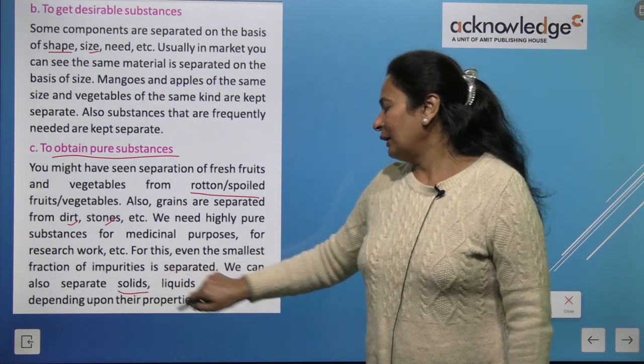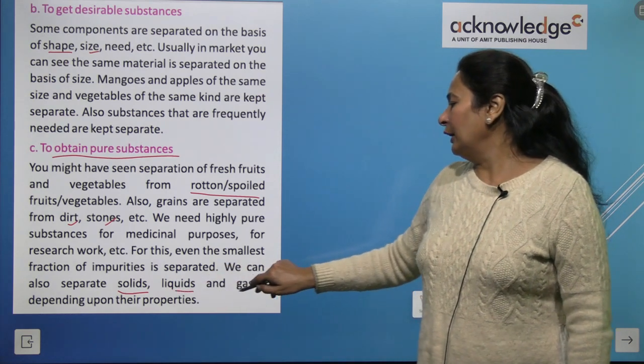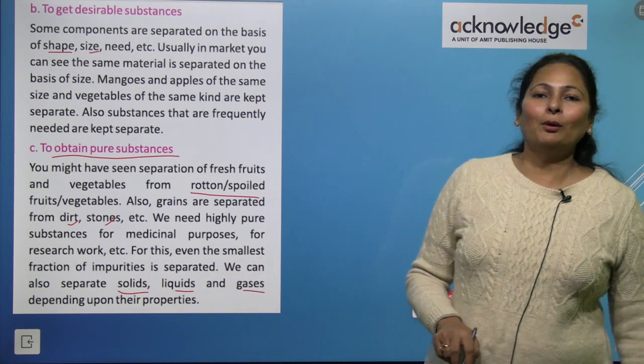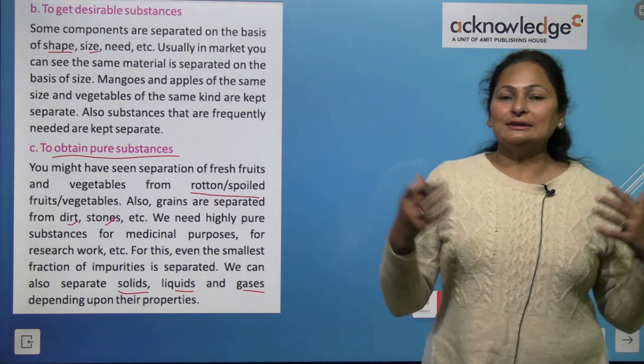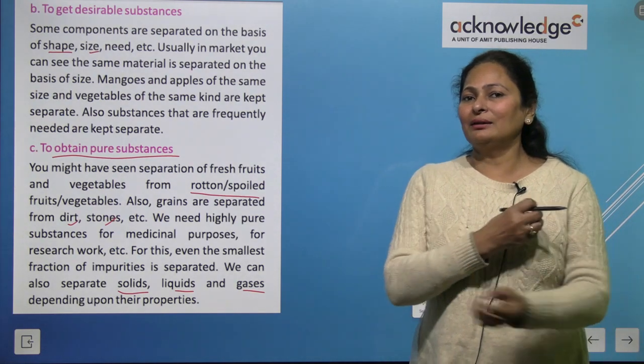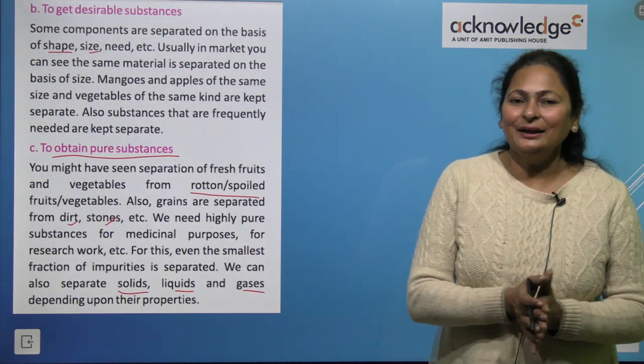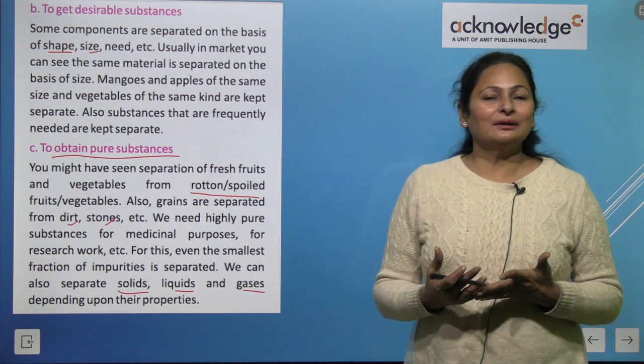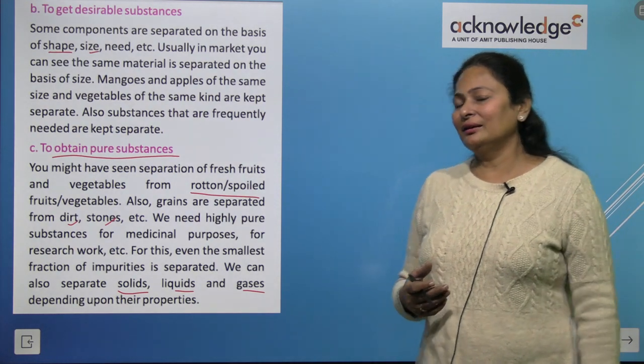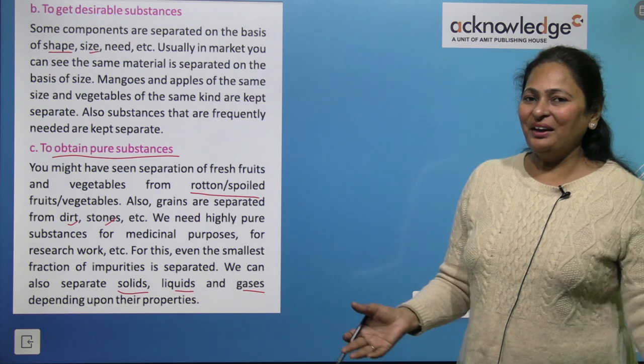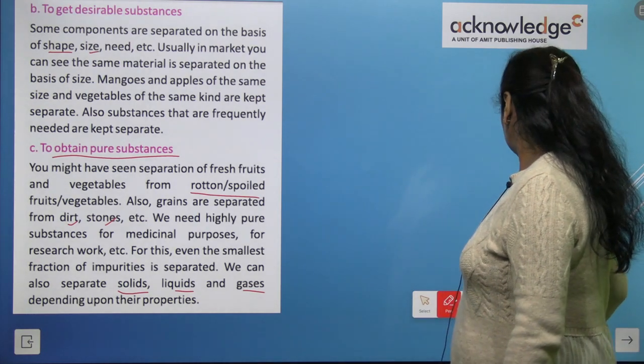So we separate solid, liquid and gases upon their properties. We cannot use the same method in all states, right? We have different methods to separate the solid, the liquids and the gases as well.